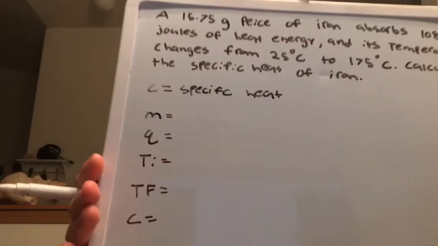Okay. So now that you have this written down, you should be able to start to break down the problem. We're going to start off with the M, which in this case stands for mass. Just like at the beginning of the question, it says 15.75 grams of a piece of iron, that's what we're working with. So for M, we're going to write 15.75 grams.